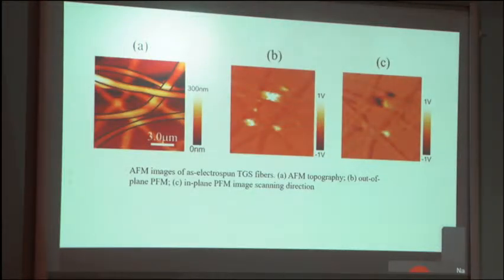Normally, we have on the image not only topography, this is fibers, topography, we can see morphology, diameter, and so on, and piezo response. We have areas with signal in plane and out of plane. It's relatively correlated, but it is a different orientation of polarization.